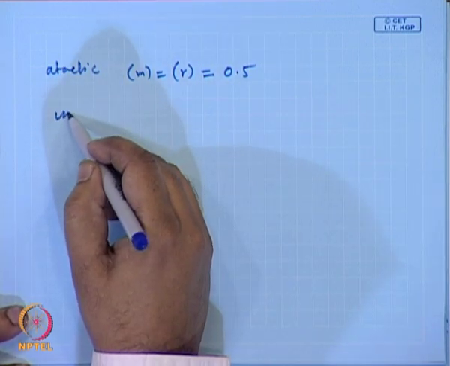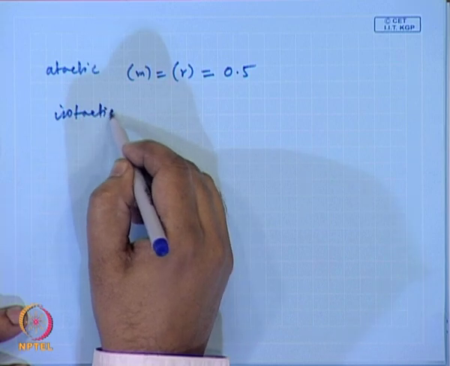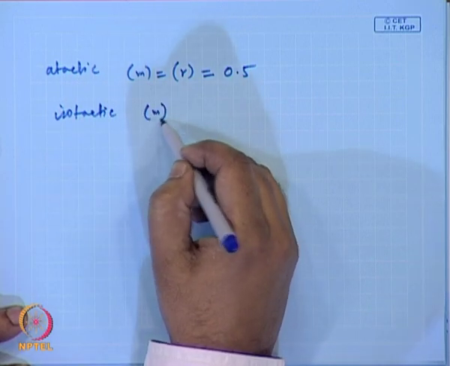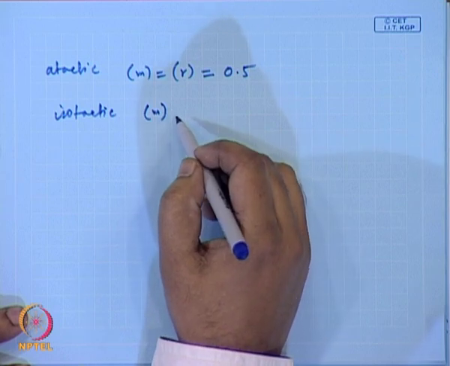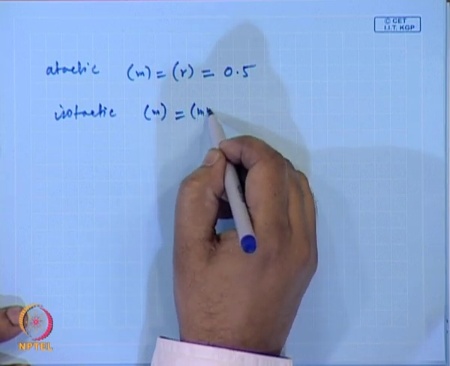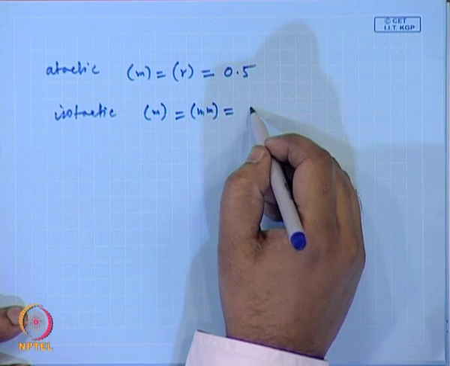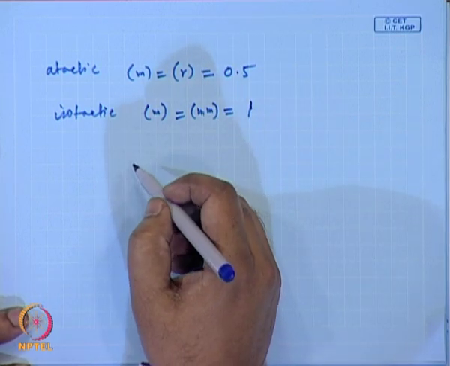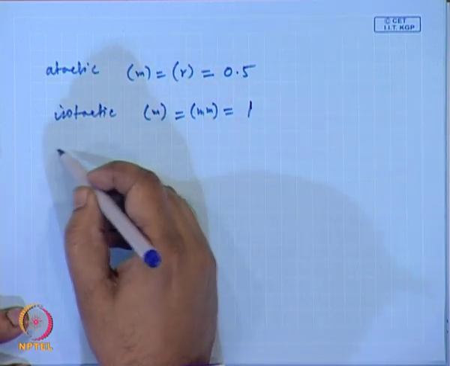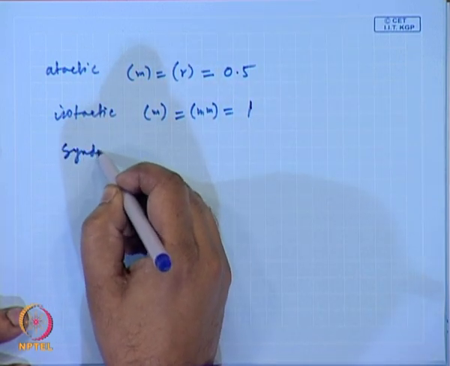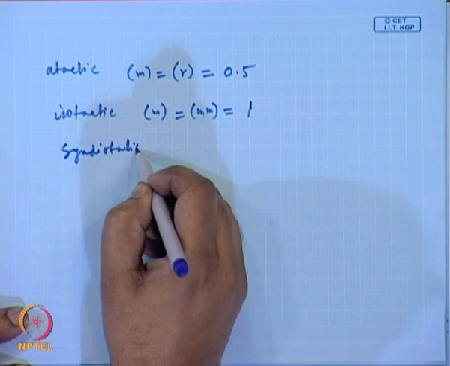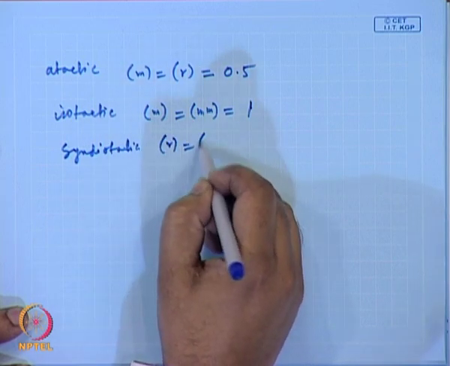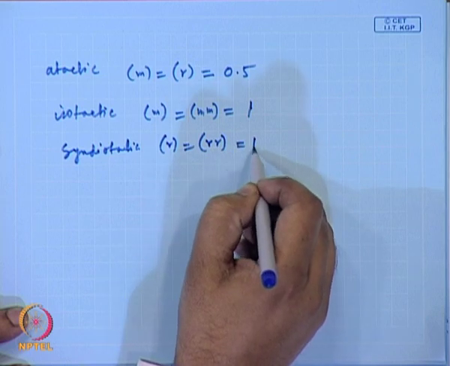If you have an isotactic polymer, then M and MM, both the dyad and triad, would be equal to 1, and if you have a syndiotactic polymer, then R and RR also will be 1.